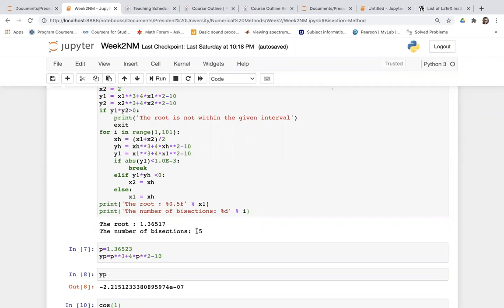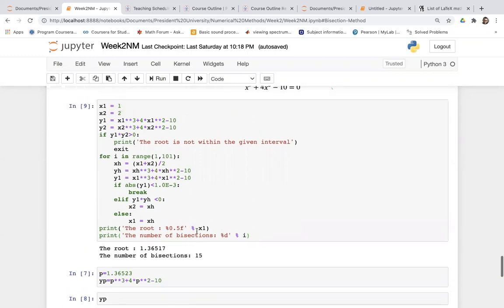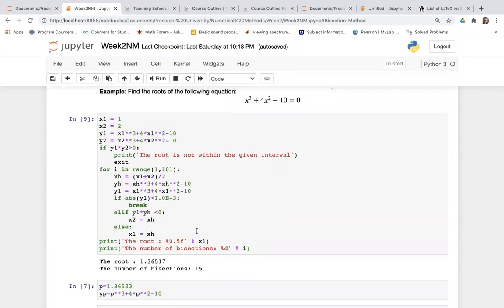It gives you a faster convergence rate than bisection. But the advantage of bisection is it does not require the function to be differentiable. In Newton, the function is required to be differentiable twice. If the function is not differentiable, then you cannot use the Newton method.